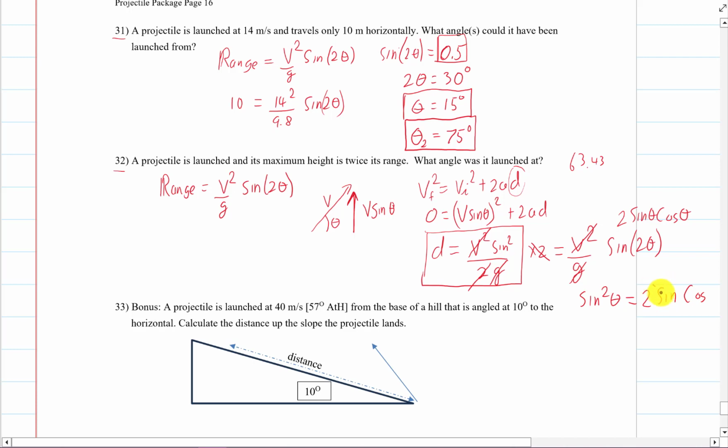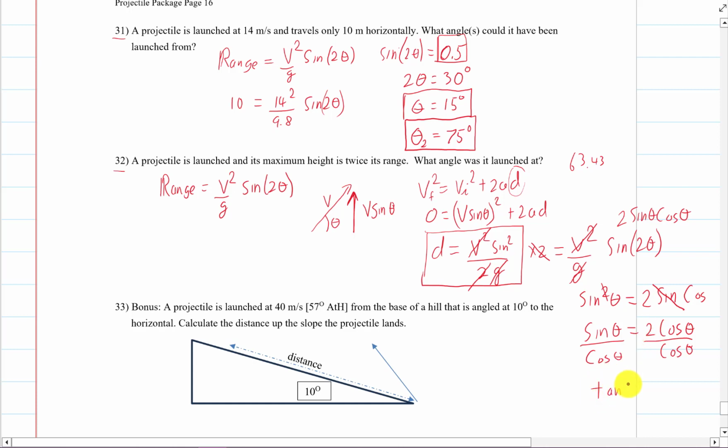So if I cancel out a sine from both sides, this will only be sine. So the sine of theta has to equal 2 times the cosine of theta. Divide both sides by cosine. And I get sine over cosine is equal to 2.